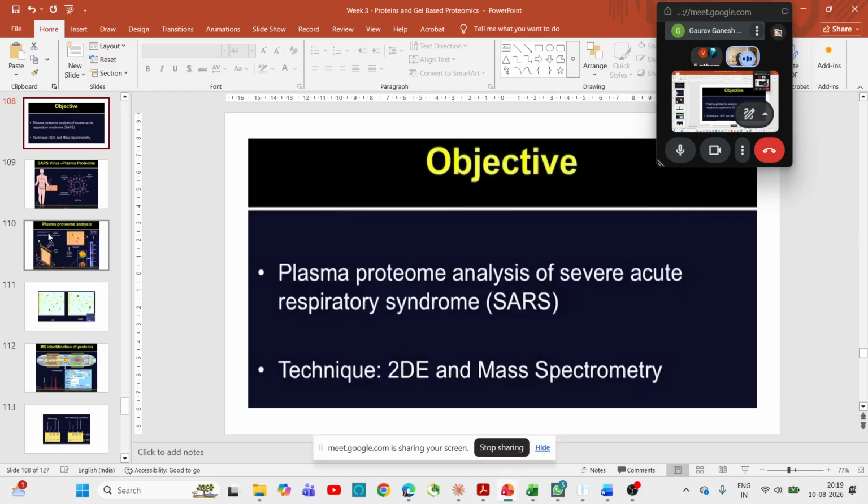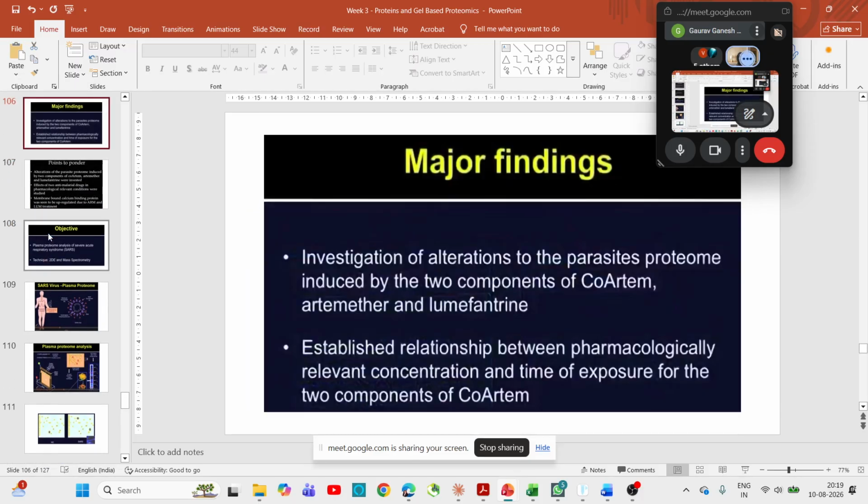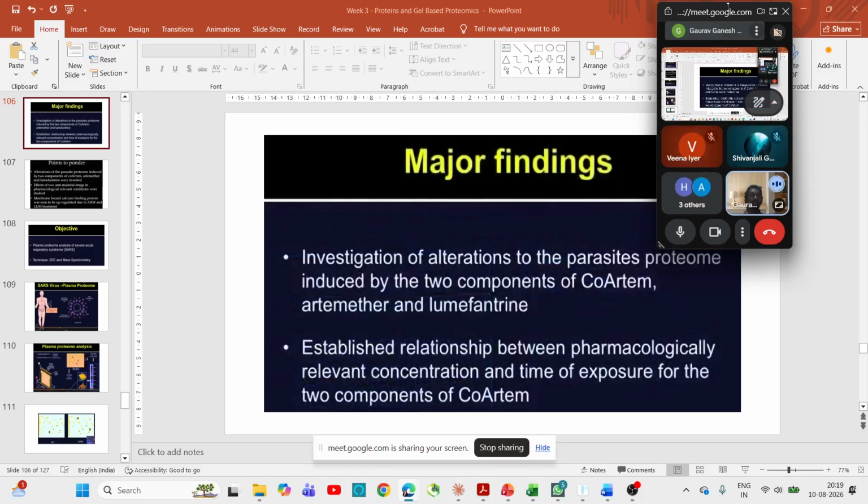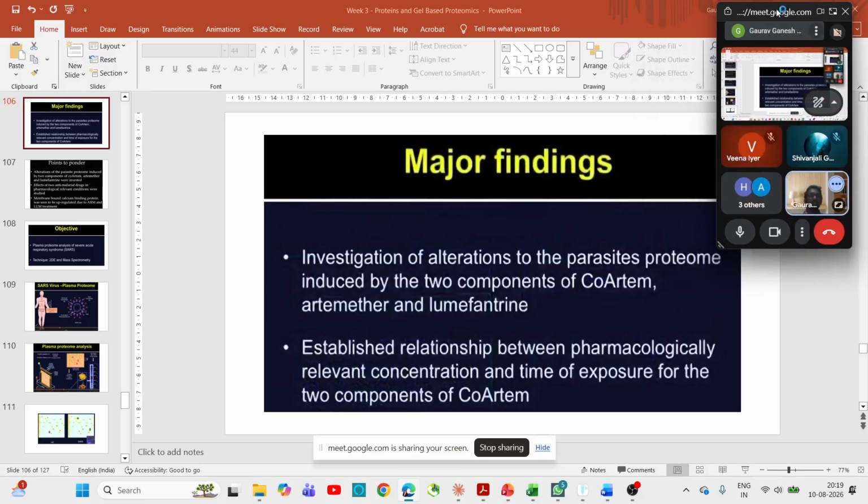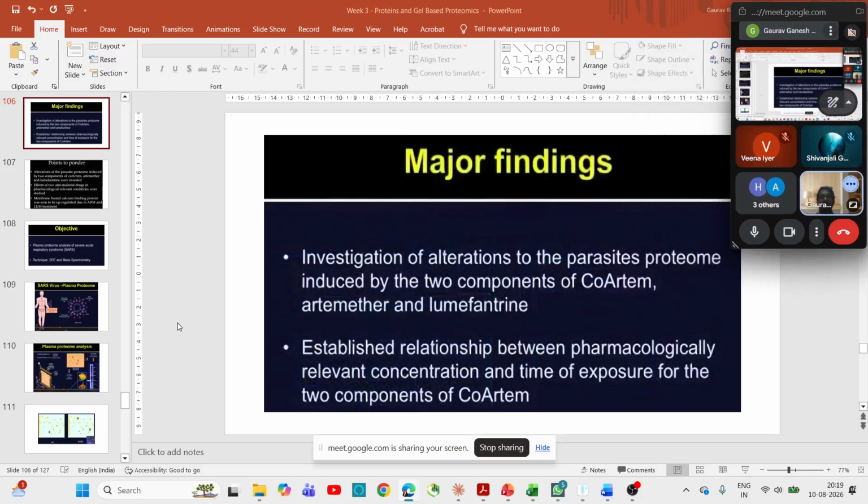So these were basically different applications. Were you all there when I discussed the effect of drugs on treatment?